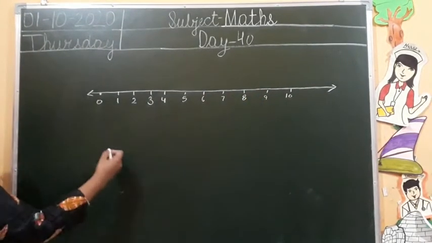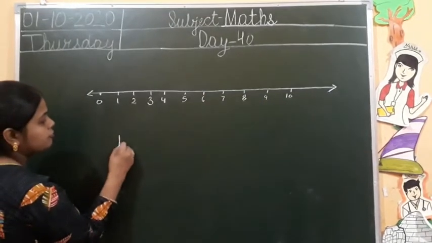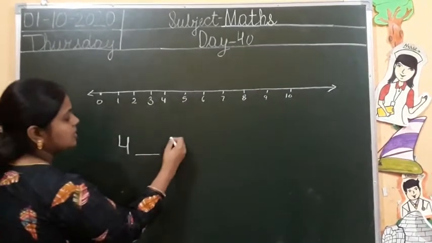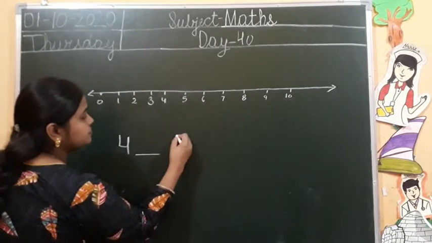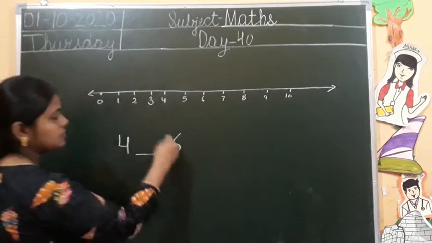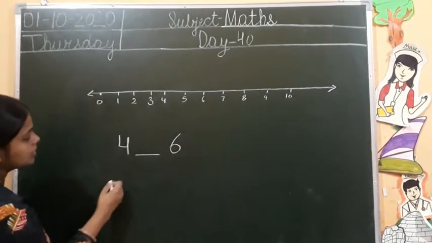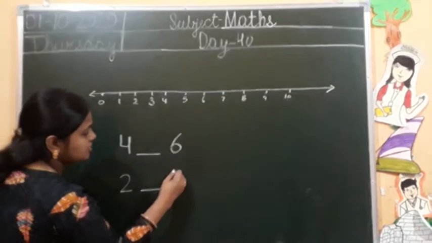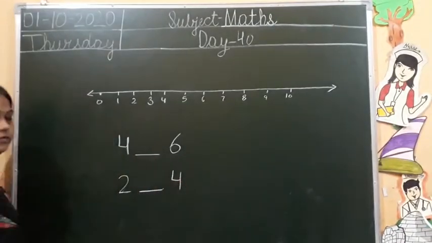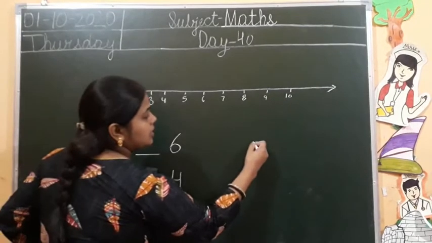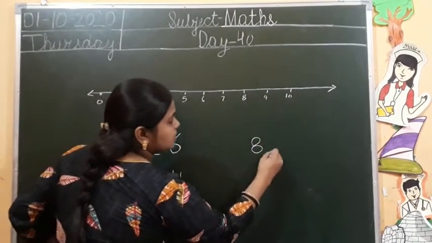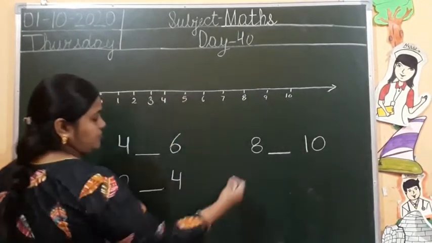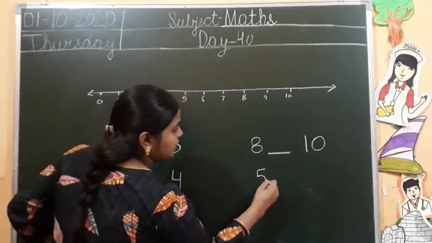Now I am going to write some numbers. 4. Next number is missing. And next is this. Okay. Again. 2. Next is missing. 4. 5. 8. Next is missing. 10. 5.